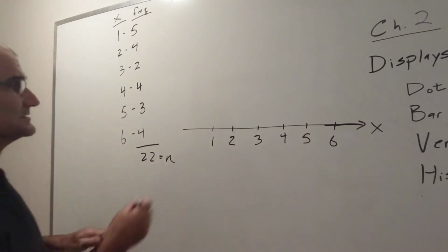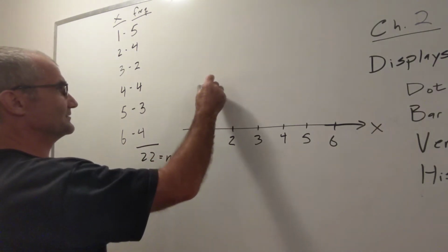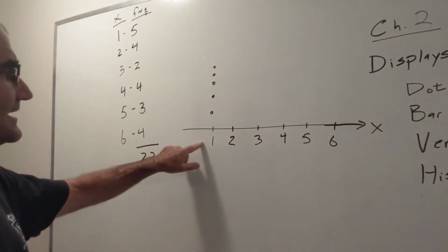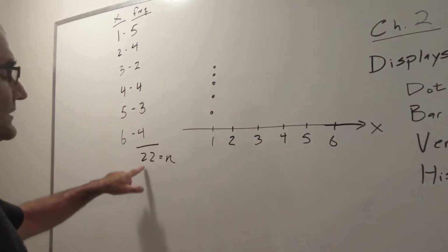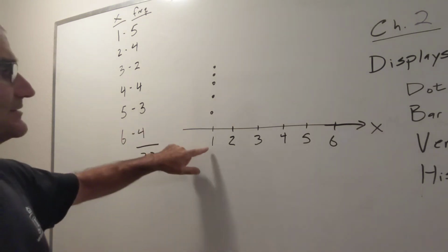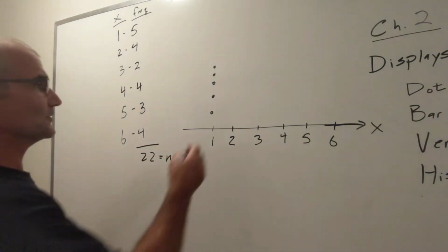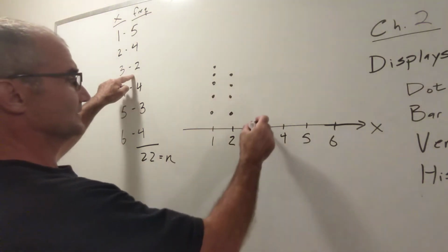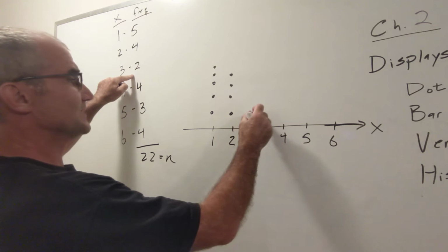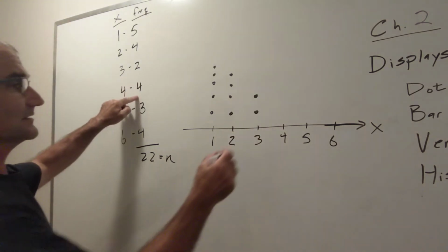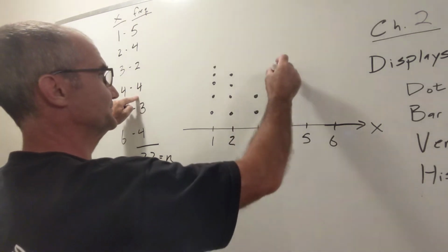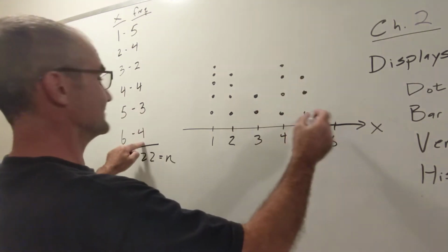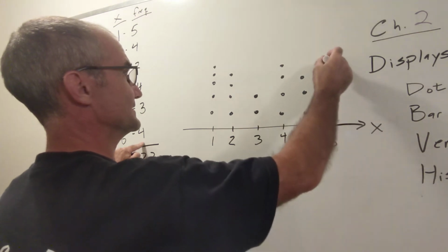Well, I got 5 1s, so I could represent that with 5 little dots above there. So it's a visual representation saying I threw a die 22 times, and 5 of those times I got a 1. 4 of those times I got a 2. 2 times I got a 3. 4 times a 4. 3 times I got a 5, and 4 times I got a 6.